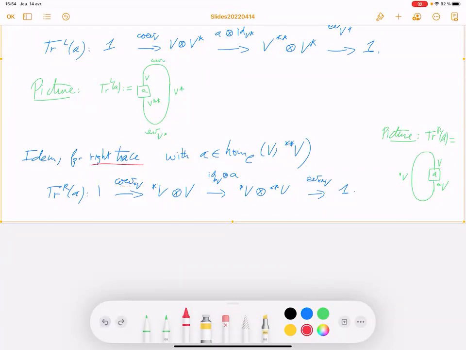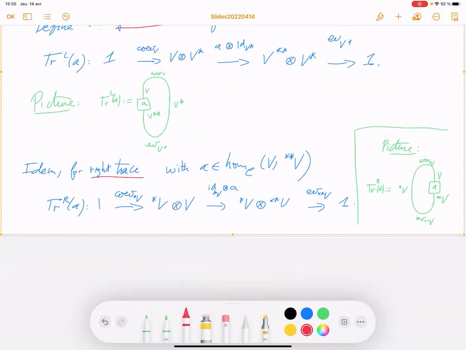So co-ev of star V and ev of double star V. Okay. So trace. So you close. Here you close.